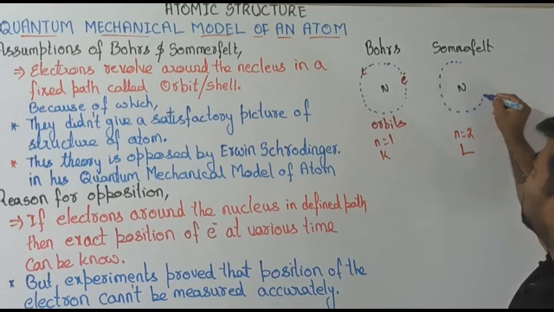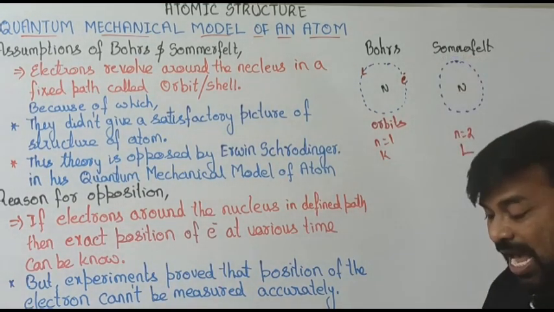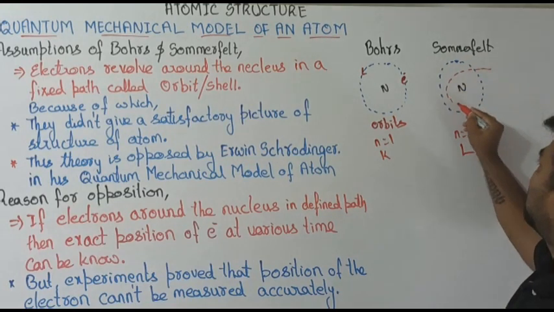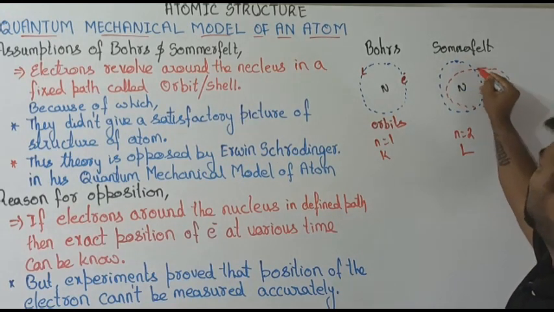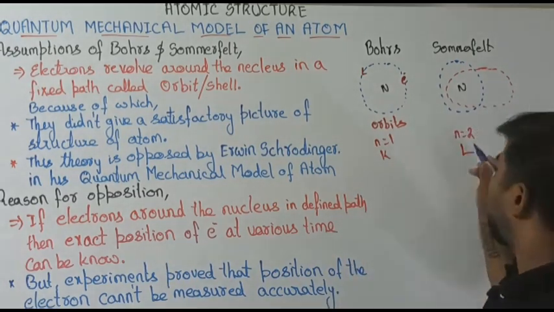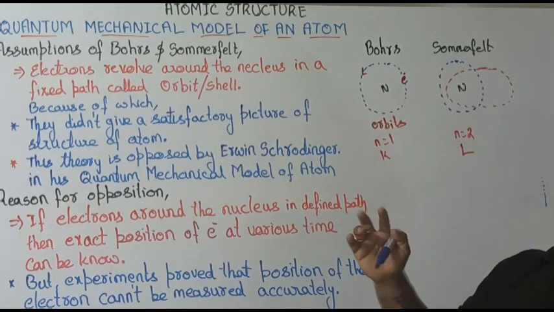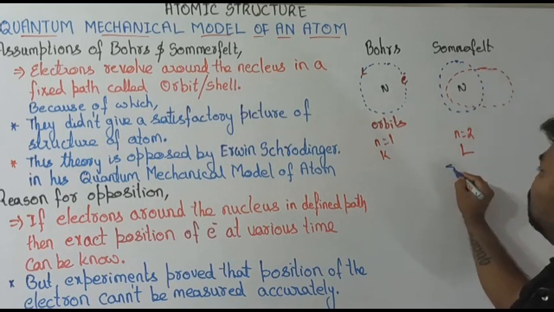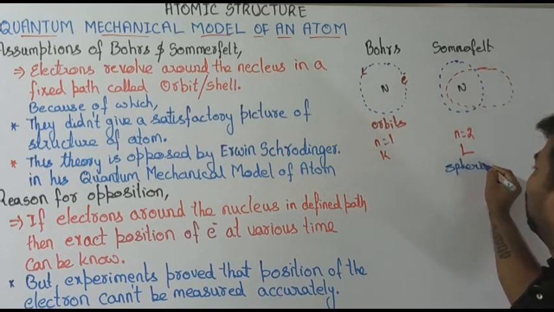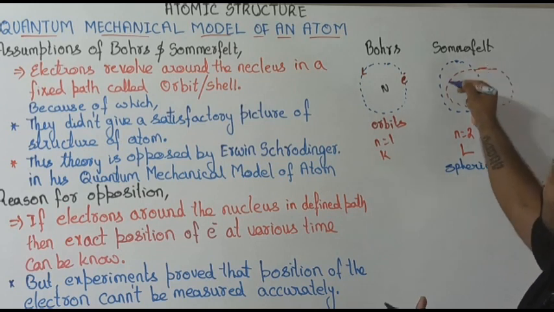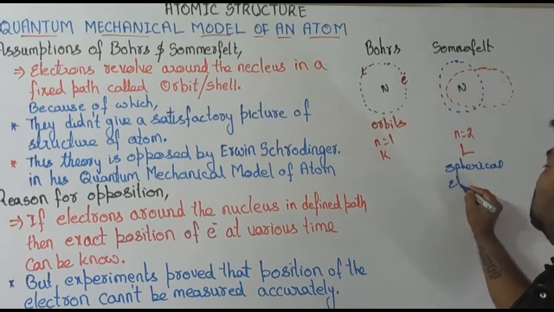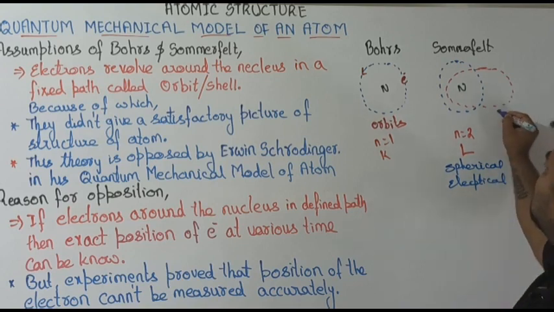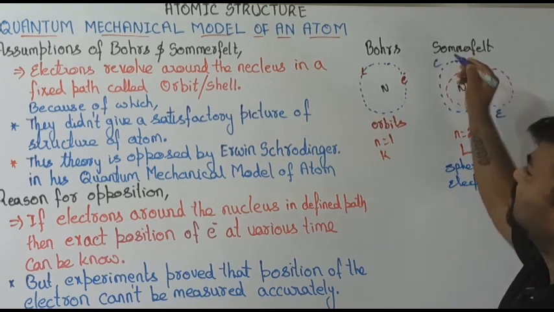Assume that this is the second orbit, and for that second orbit, he is talking about an elliptical model. As n is equal to 2, he is talking about two shapes. The first orbit is nothing but circular, and the second orbit is elliptical.